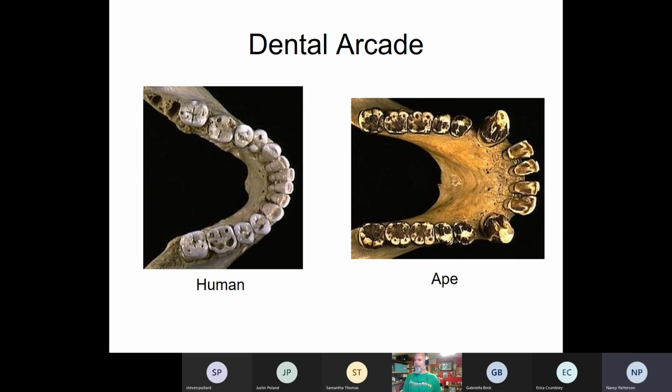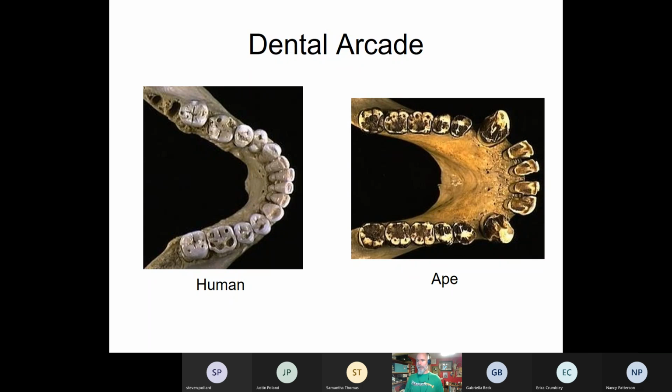The canines. Yes, the canines, so they're so wide and big, I guess. Right, so that's definitely something that stands out. The canines, and the diastema, the space, and our molars.